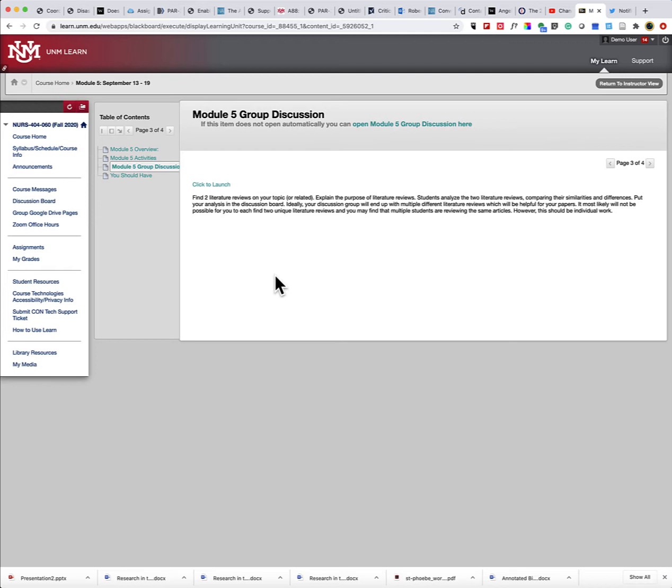Take your analysis and just cut and paste it into the discussion board. Ideally, your discussion group will then end up with quite a few different literature reviews, although it's probably unlikely everybody will be able to have 2 unique literature reviews. I think that this will be a good foundation for some of the work that you are doing.